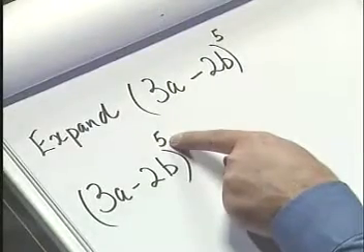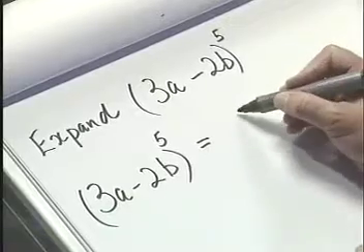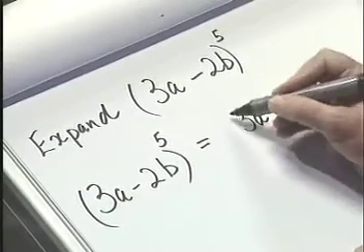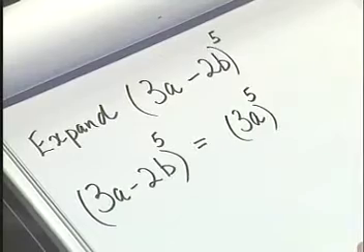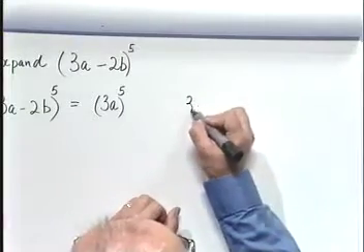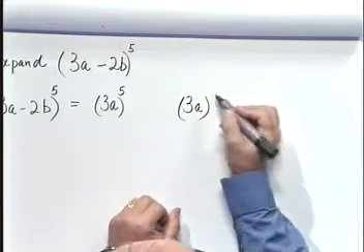As before, we want to take our first term and raise it to the highest power, the highest power being 5. So our first term will be 3a, all raised to the power 5. The next term will have a 3a in it, and this time it'll be raised to the power 4.